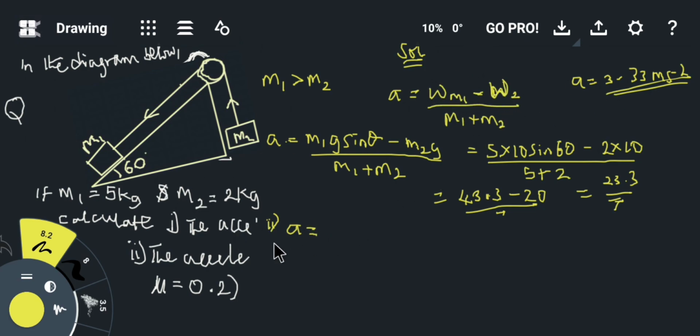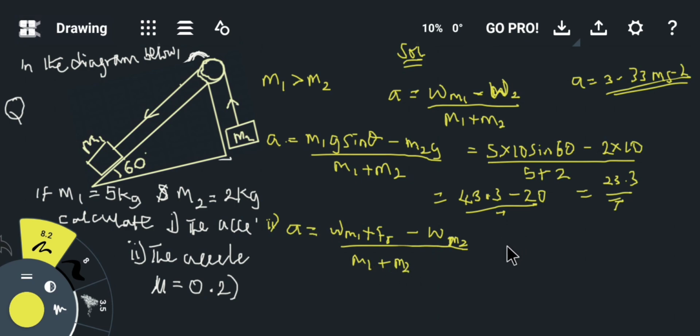So let's go ahead and deal with this. Since in this case there is friction, it's going to be the weight of m1 plus friction, minus the weight of m2, divided by their masses, m1 plus m2.